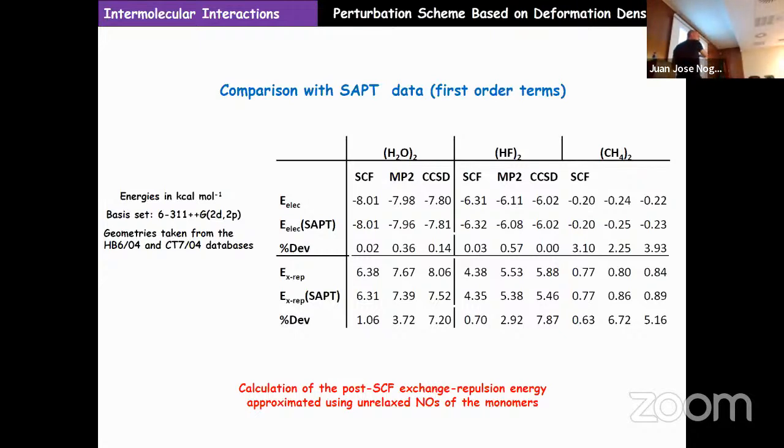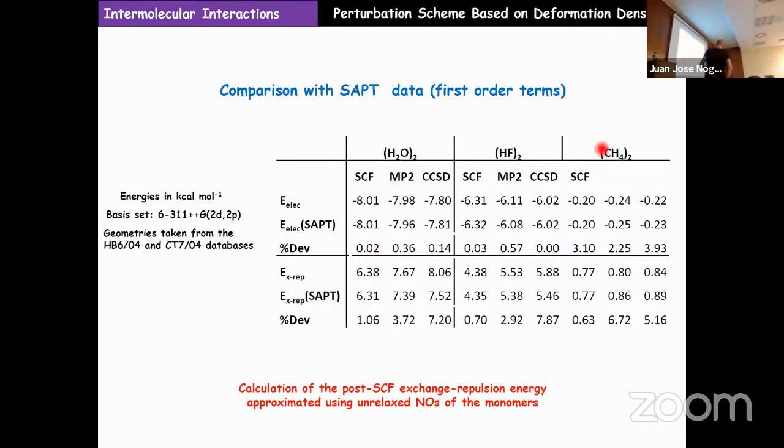But for small complexes, small molecules, we can apply this methodology for post-SCF methods. This is a comparison between the hydrogen dimer, water dimer, hydrogen fluoride dimer, and the methane dimer.